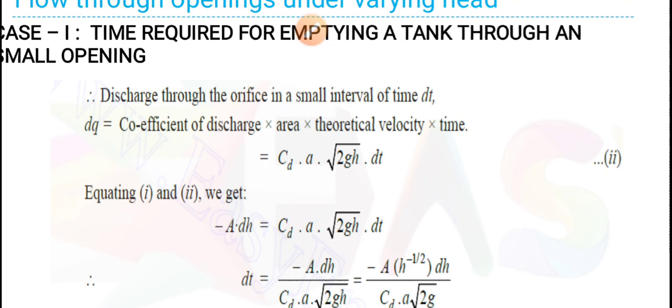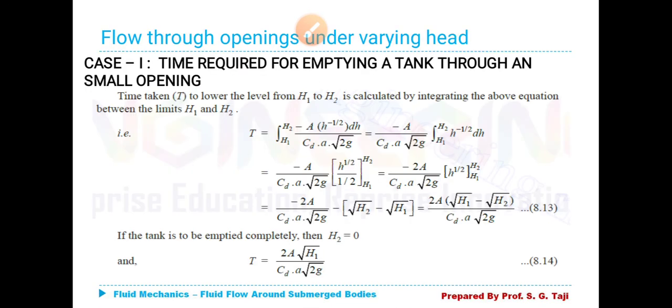Therefore dt, because we are required to calculate the time to empty the tank, first let us find it for a small amount: dt is equal to minus A h to the power of minus half dh divided by Cd a root 2g.